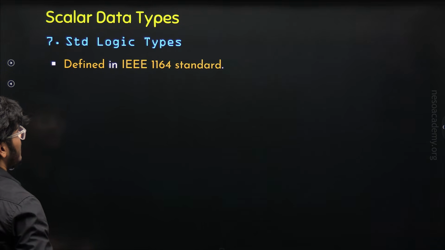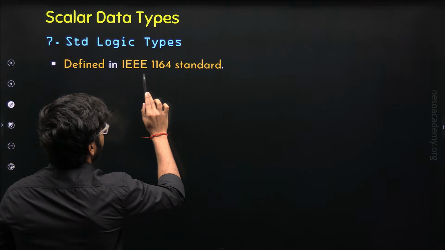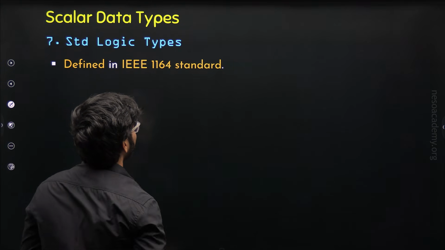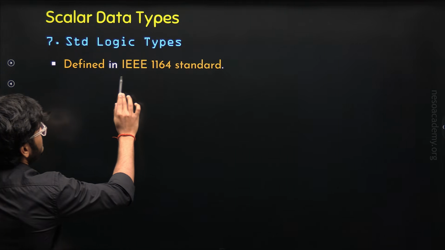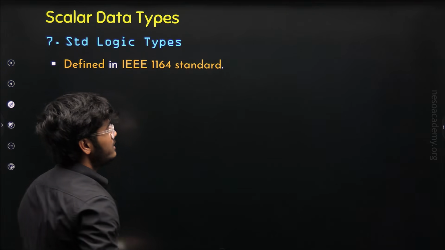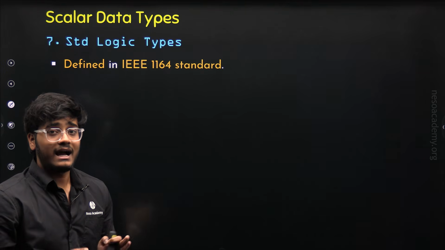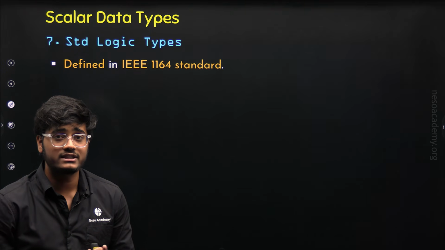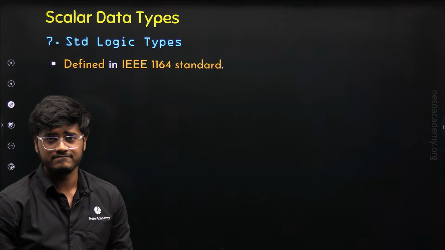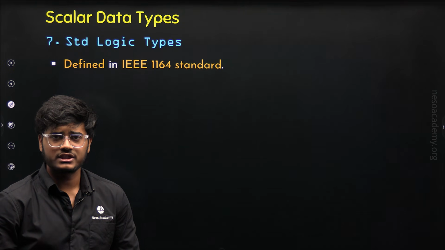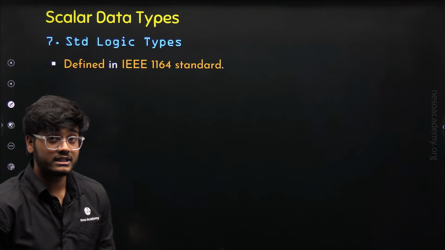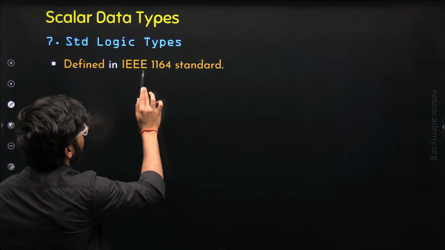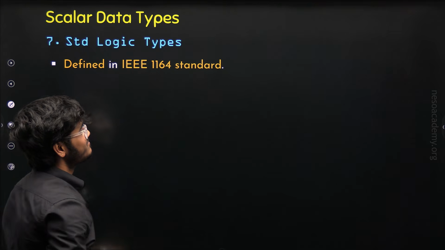Standard logic types are defined in the IEEE 1164 standard. Means IEEE 1164 standard officially provides and defines standard logic data types for VHDL. Means standard logic types follow the rules created by the IEEE 1164 standard.